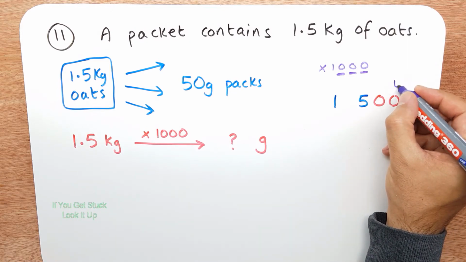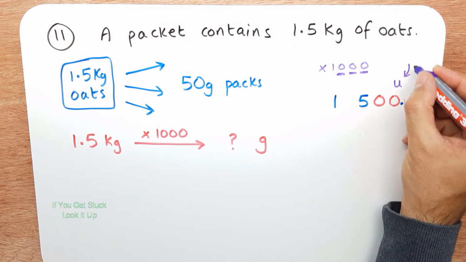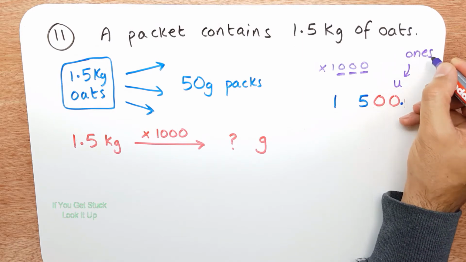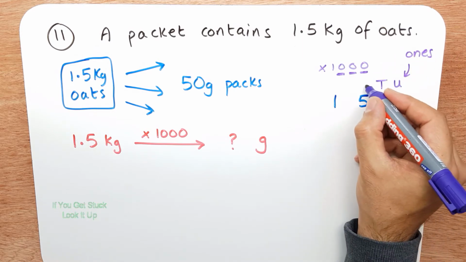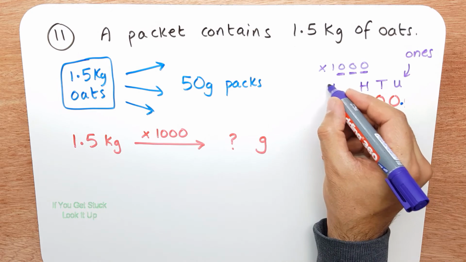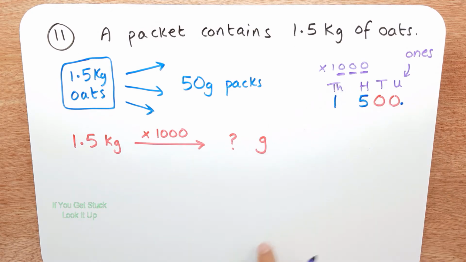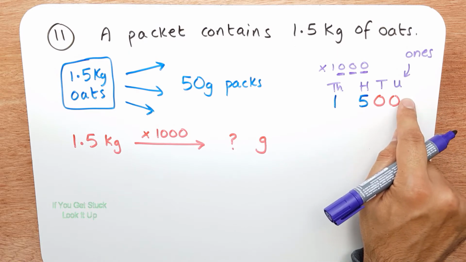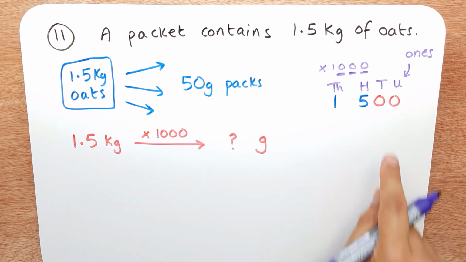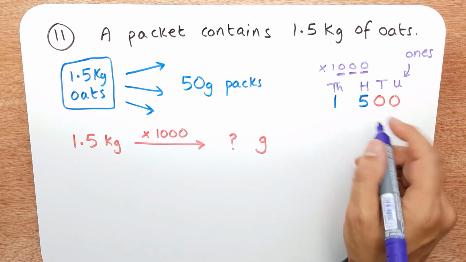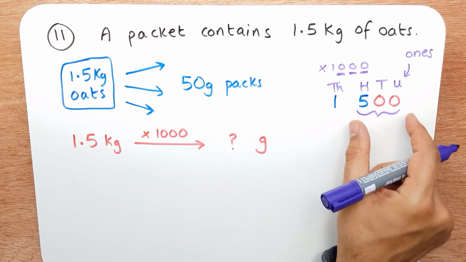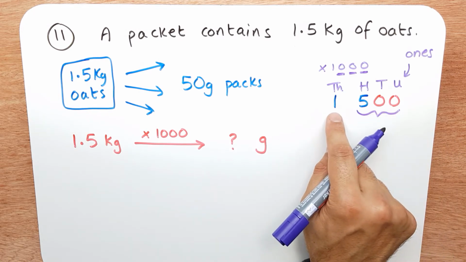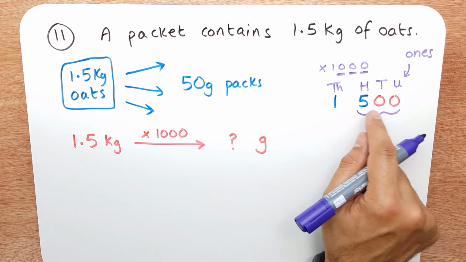So remember, that's the units or the ones column. That's the tens, that's the hundreds, and this is the thousands column. Now, I don't need this decimal point because there's nothing after it, so we can get rid of that to make it easier. So as before, 1, 2, 3. Think of this as 1000. So it's 1500.